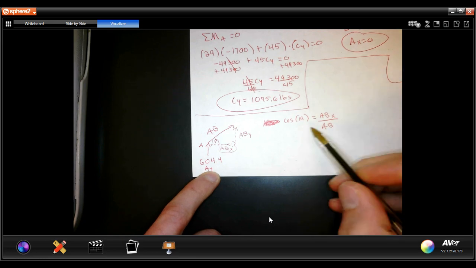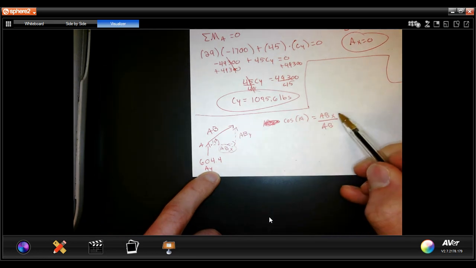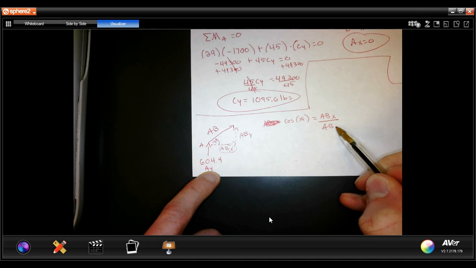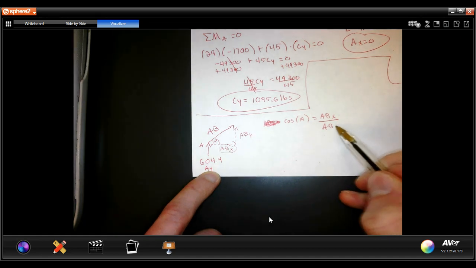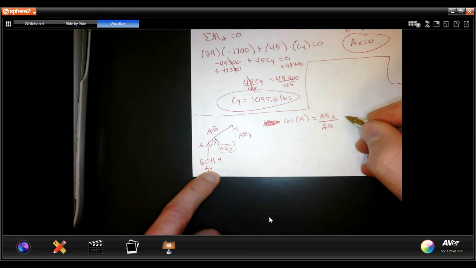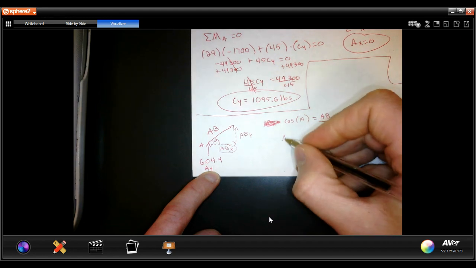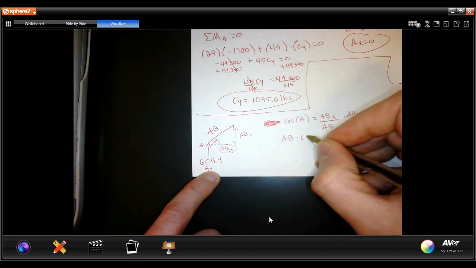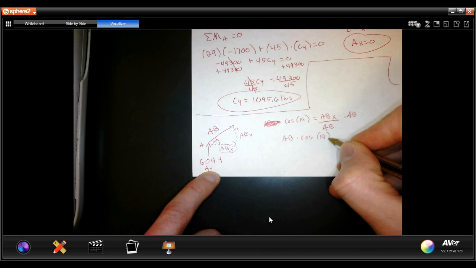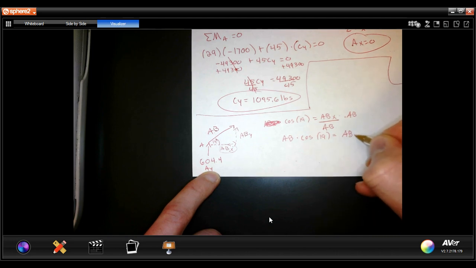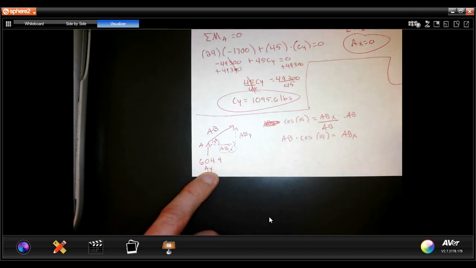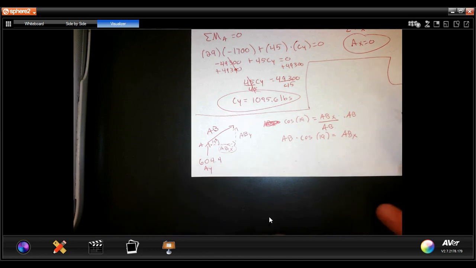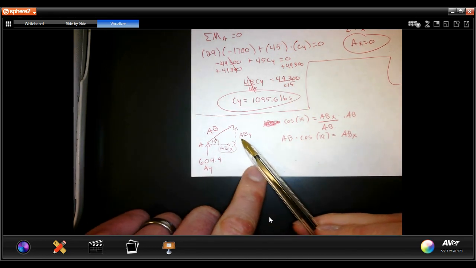It's basically cosine equal to the adjacent over the hypotenuse. Now if we solve for ABX, you multiply by AB. So essentially AB times cosine 19 is equal to ABX.